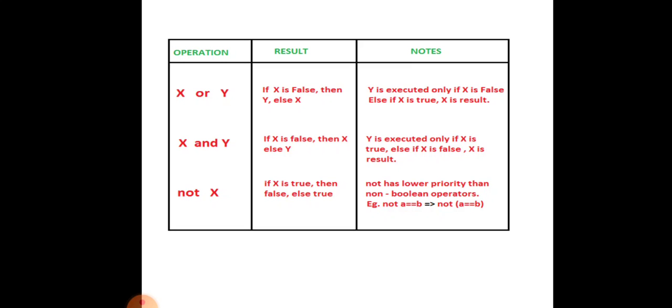Y is evaluated only if x is false, else if x is true, x is the result. X and y: if x is false, then x, else y. Means y is evaluated only if x is true, else if x is false, x is the result. Not x means the reverse of x. If x is true, then the result is false.